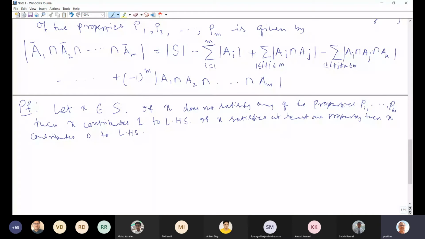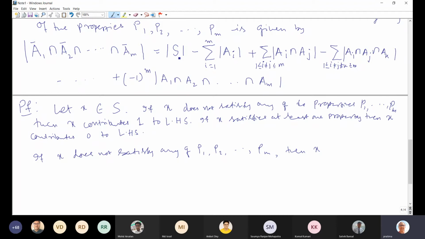Next, let us consider the right hand side. If X does not satisfy any of the properties P1, P2 to Pm, then how much will X contribute to the right hand side? Look at the expression in the right hand side.